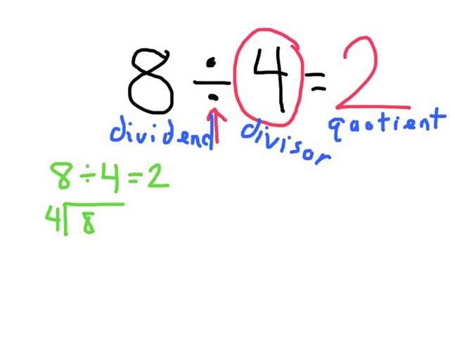That'll still be 2 times. And then a third way is to write it as a fraction, where we have the dividend, the 8, being divided by the divisor. 8 over 4 is still 2. So there's 3 different ways to write a division problem, and depending on the situation, you're going to pick which one you want.